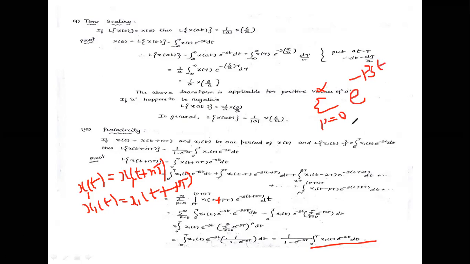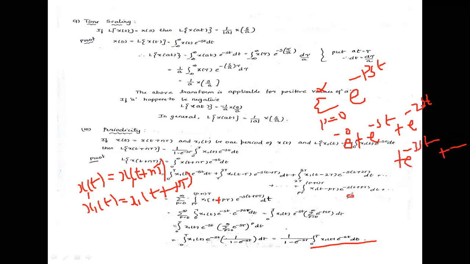Now expand this function: e power minus st whole power p, with p equal to 0, is 1, plus e power minus st, plus e power minus 2st, plus e power minus 3st, and so on.